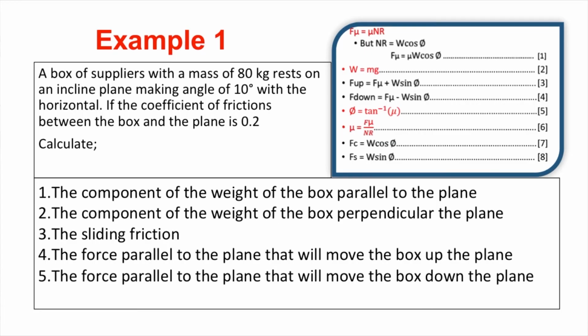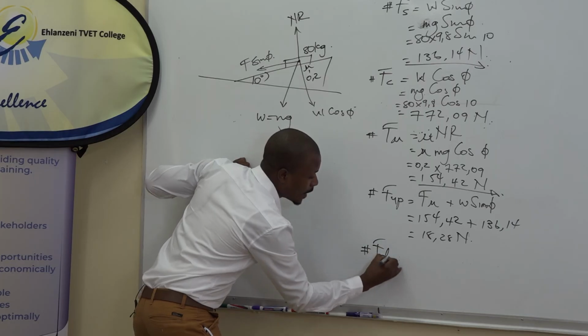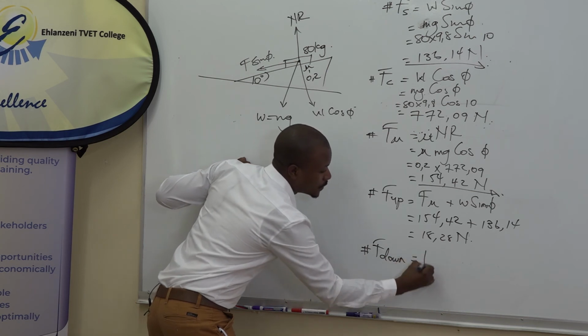And then that you understand. The last question asks for the force parallel to the plane that will move the box down. We calculated up. Now we need to move the box down. Equation to use? I have F up, I have F down. I think F down will work for me, because I'm looking for the force to move the object down.